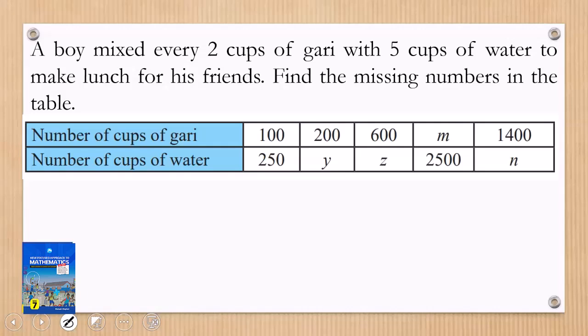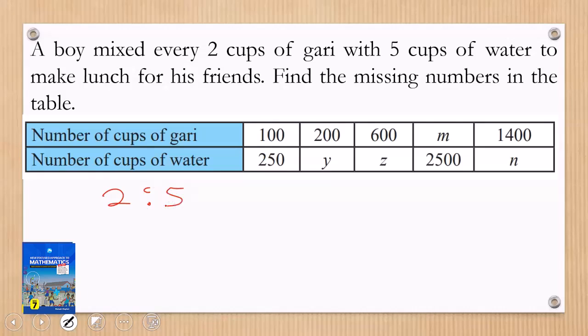Remember the rate that we did: we are comparing two quantities here. They don't have the same unit, but we can do the comparison. So it means that for every 2 cups of gari, he has to put 5 cups of water to mix it up in order to get the lunch.